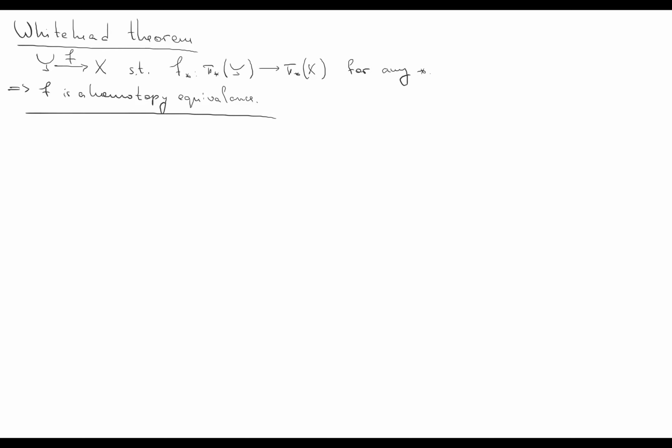For example, from this theorem, you can easily prove that the infinite dimensional sphere is contractible, because you know that its homotopy groups are 0, just because of the cellular approximation theorem. And you have a constant map from the infinite sphere to a point, and it induces isomorphisms.